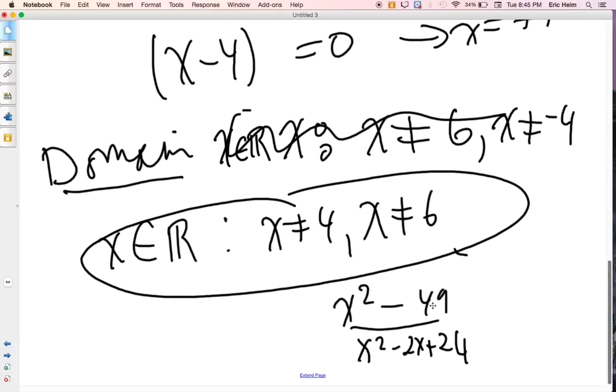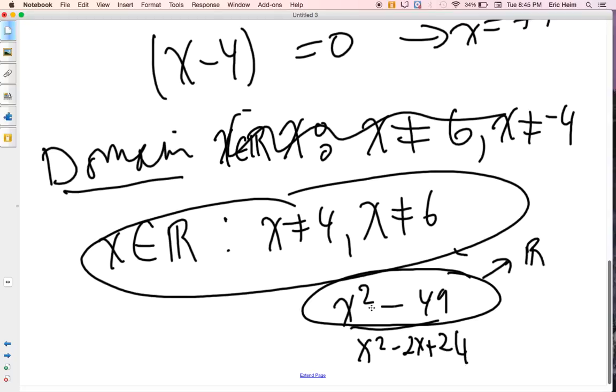Well, let's see. The top part, x squared minus 49, are there any values of x you can put into that that are undefined? If you put negative or positive values of x, you'll always generate a real number no matter what. So I don't think we have to worry about the top part.